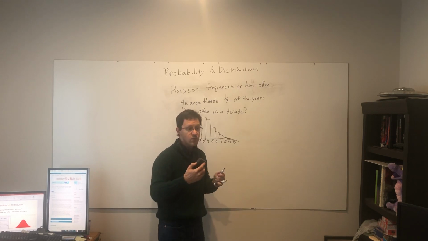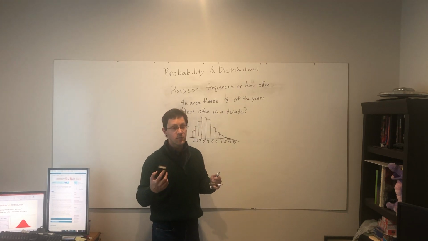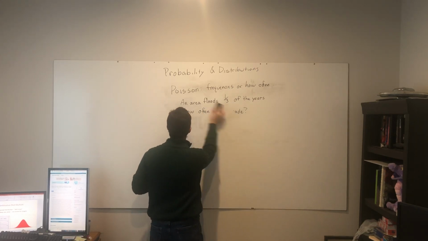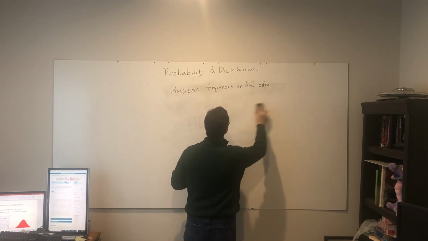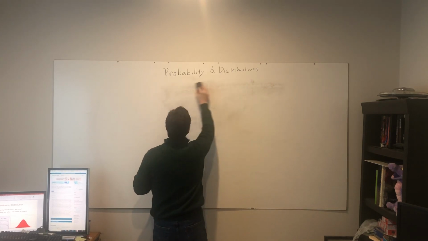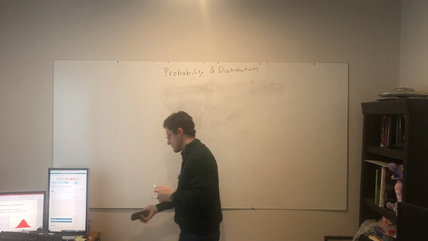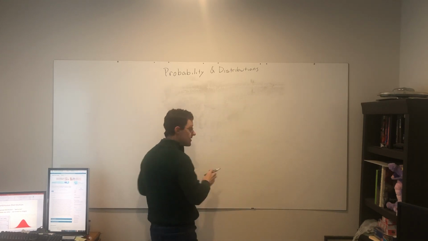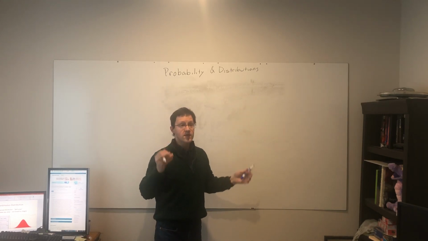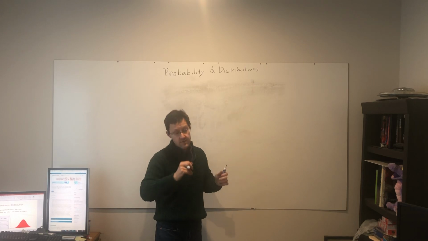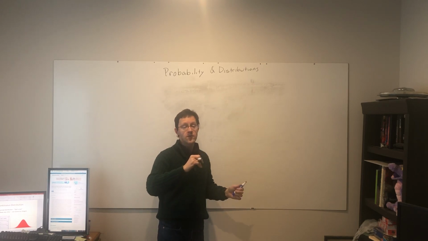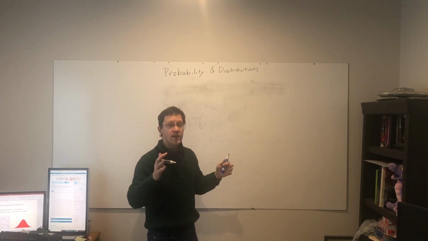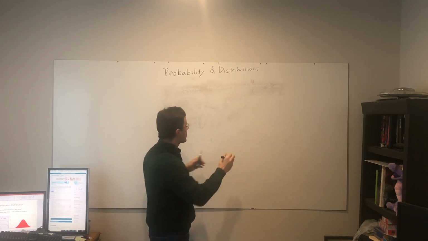But in many cases, we will be working with continuous data instead. There are many, many different continuous distributions. As I alluded to in the first distributions video, we'll look here just at the normal distribution.